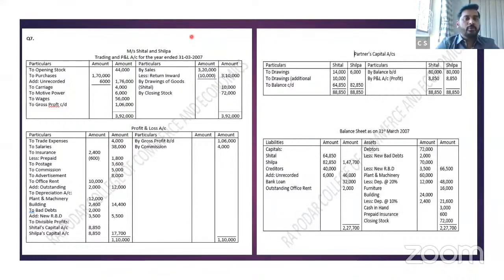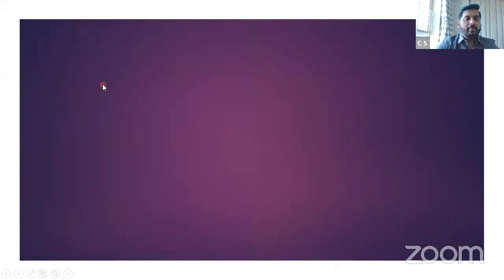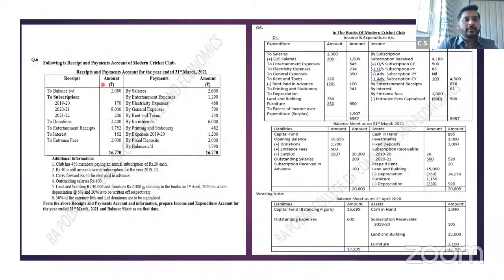One thing I would like to tell about the previous chapter. This is a very silly, or I would say very minute mistake, but would result in a huge loss. I've seen one paper scoring full marks, but here what happened in the income and expenditure account, the student wrote income here and expenditure there.